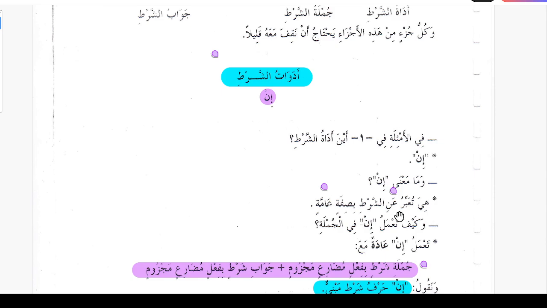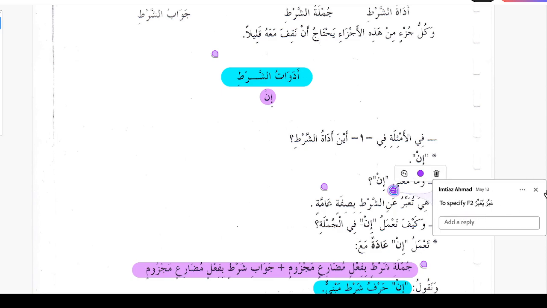Here it specifies the condition in a general way. It means that if there is no specific thing to mention, then normally in is used, and a conditional sentence starts with in. This word is abbara yu'abbiru, to specify, form 2.